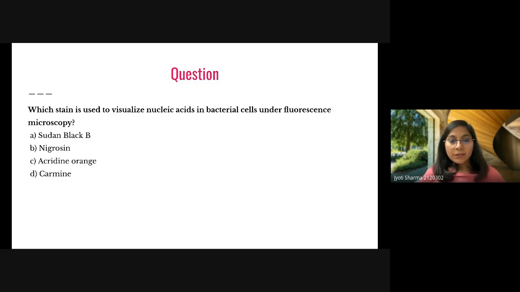For example, you want to extract the nucleic acid from the bacterial cell, but first you have to see where this nucleic acid is. If you want to visualize that nucleic acid, then only can you perform the other activities. So which dye or stain will you use to visualize this nucleic acid? Any guess?